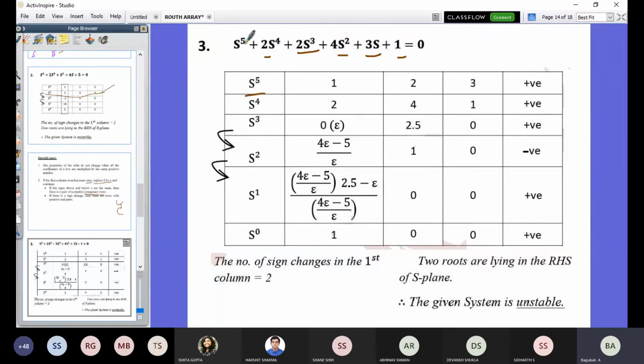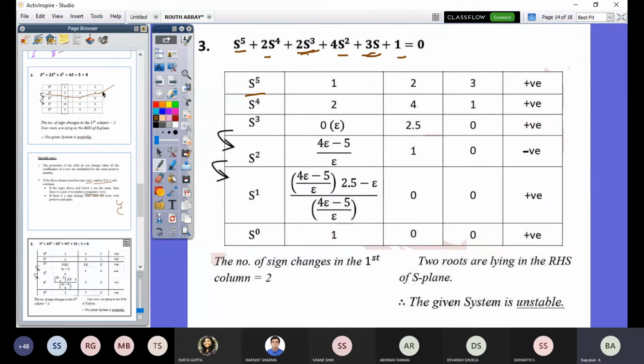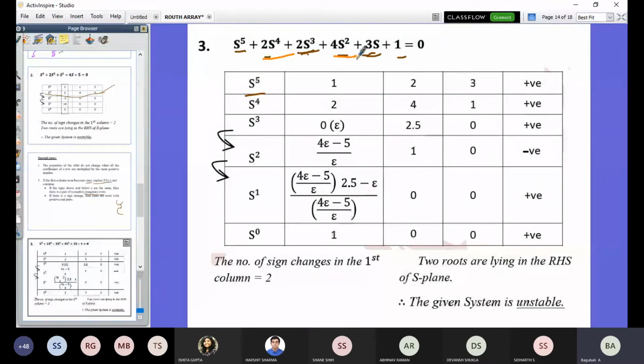The s power 5 row you can take from the characteristic equation: 1, 2, 3. Next row is s power n minus 1, that is s power 4: 2, 4 and 1. Any doubt in that?